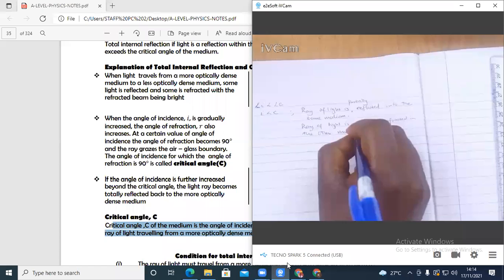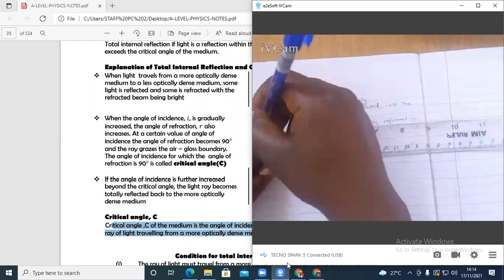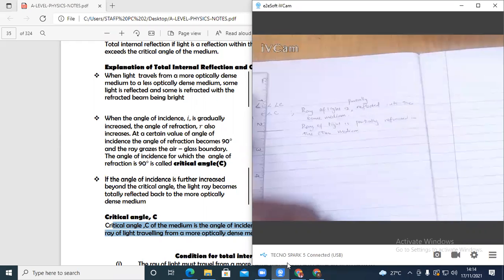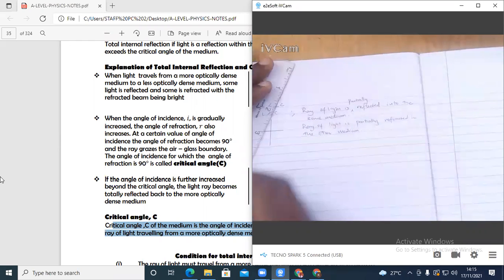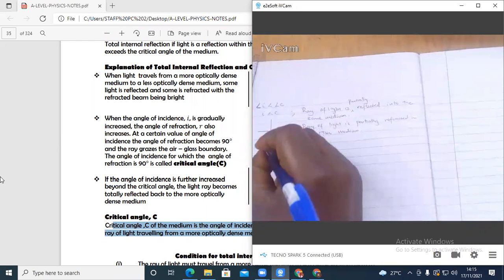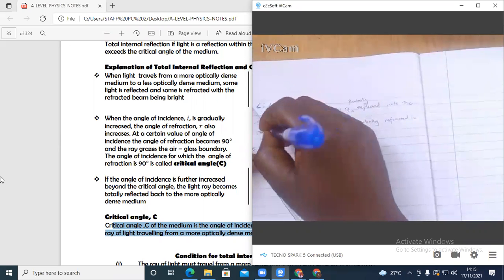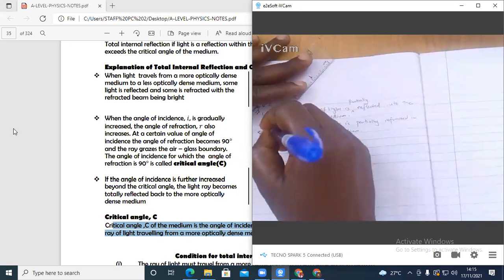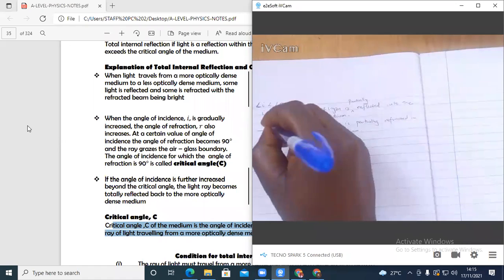Now we are talking about rays where one medium is less dense and another one is more dense. So we shall have this, something like that, and then like that.